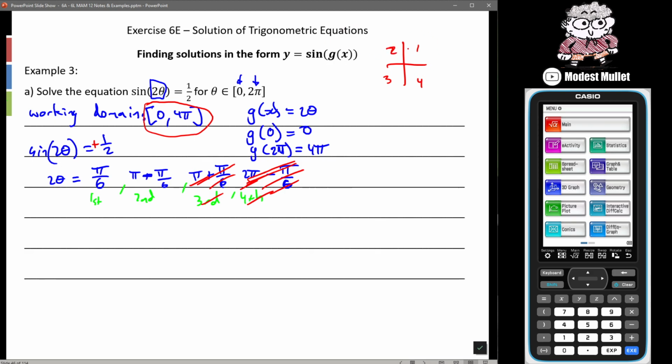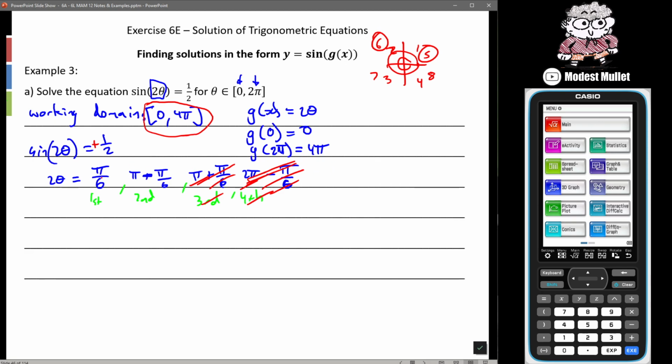I could go around again and call that the 5th, 6th, the 7th, and the 8th quadrants if I went one loop, and then I go a loop around again, because I'm allowed to go around in my working domain till 4 pi. So what quadrants in the second loop are positive? Well, that is the 5th and the 6th.